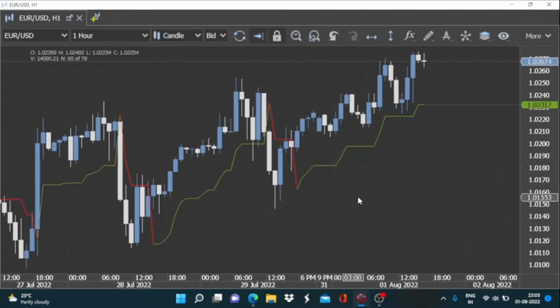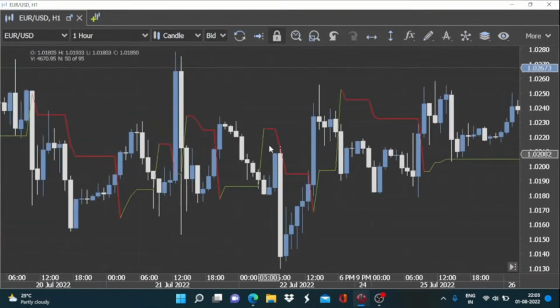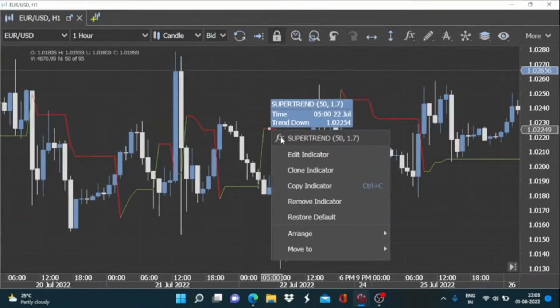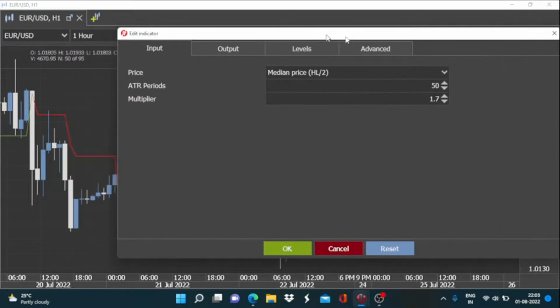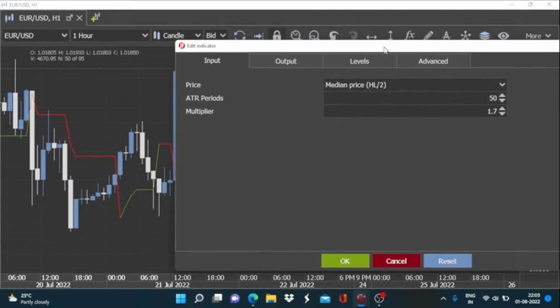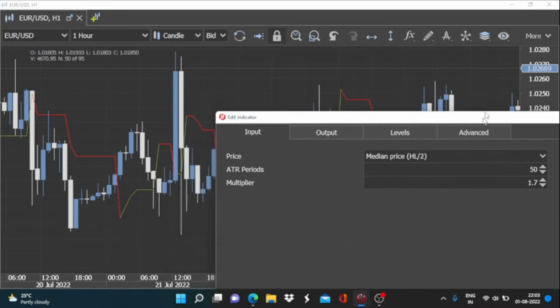Now to solve this problem, we can look to observe some changes. So we can edit this indicator and try to figure out the possible combinations which we can use then to reduce these wrong signals or lower the frequency of this.